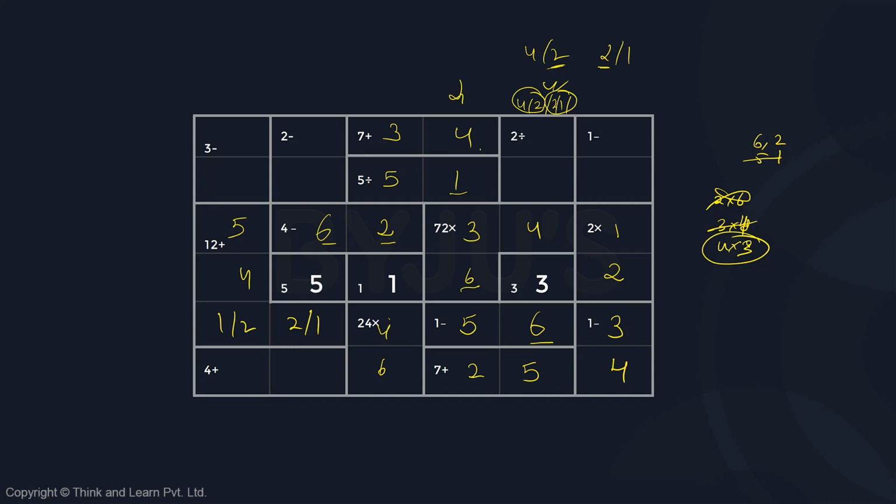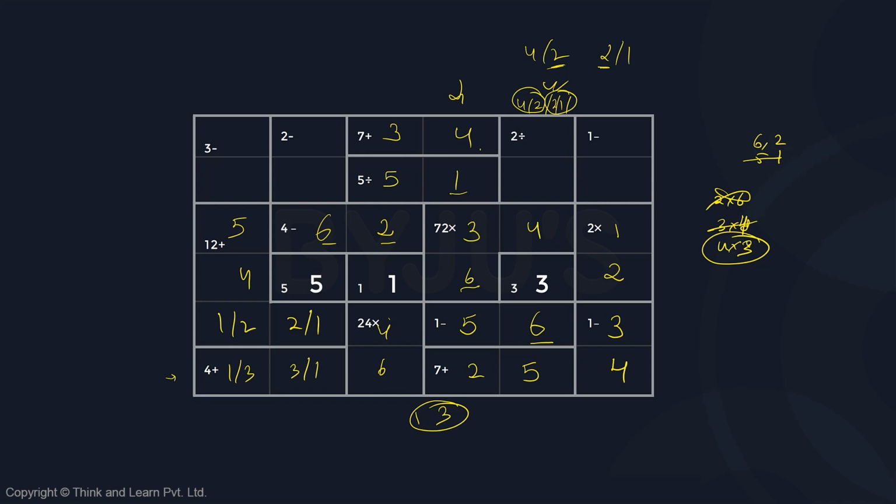Okay. Now what is left here? We have 1 left in this row and we are left with 3. So either 1 or 3 will be here and 3 1 will be here. Okay.